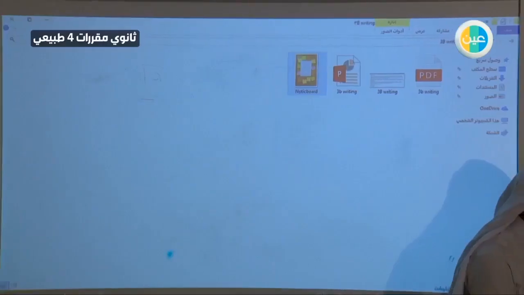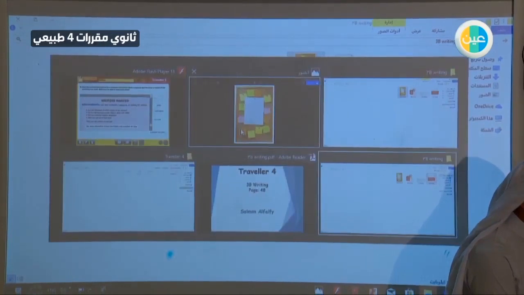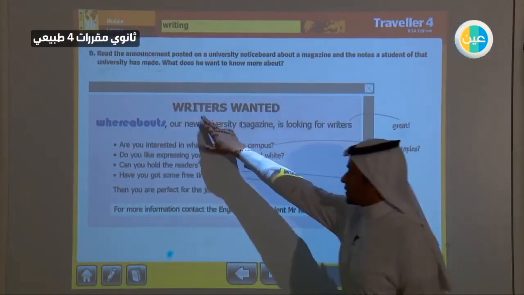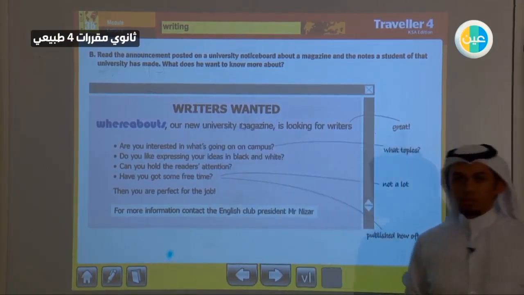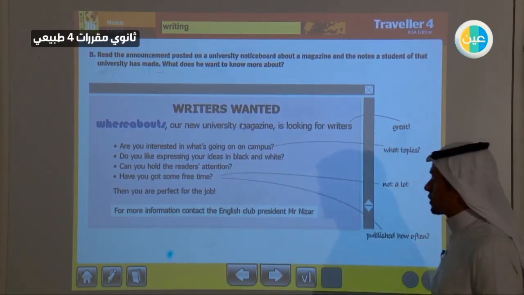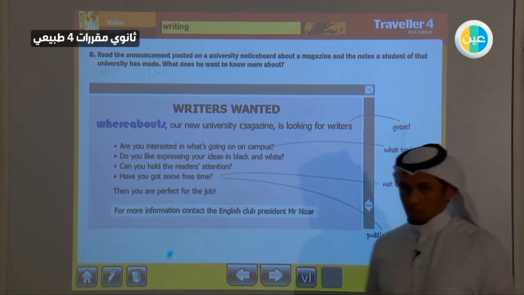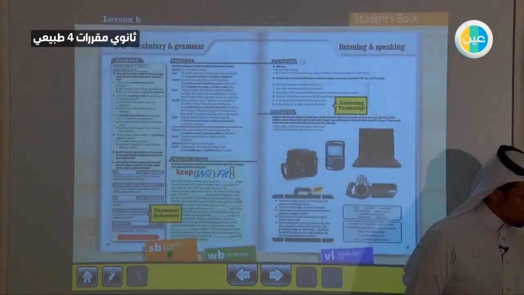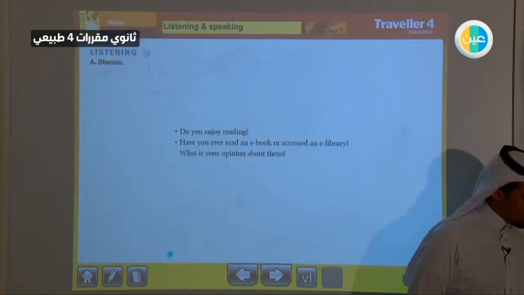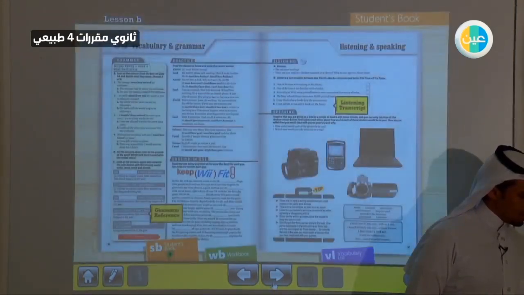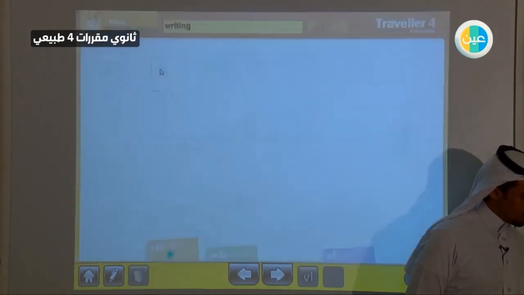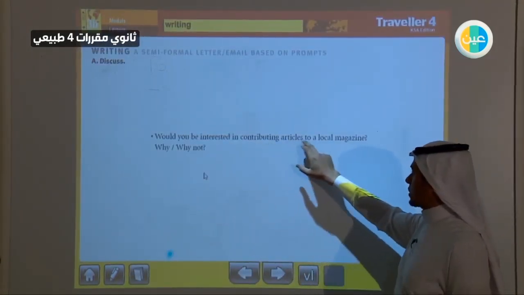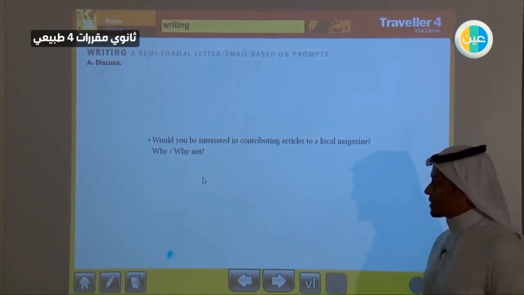The last notice on the notice board was about writers wanted. So would you contribute? Would you participate in this one? Would you be interested in contributing articles to a local magazine?